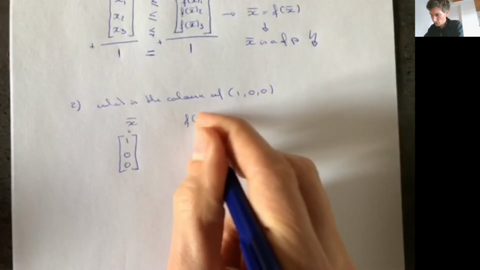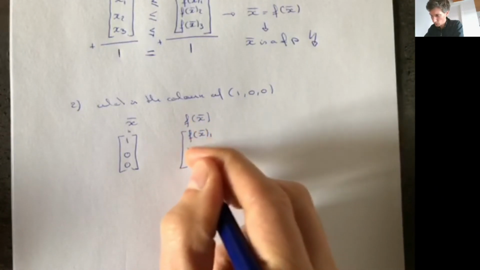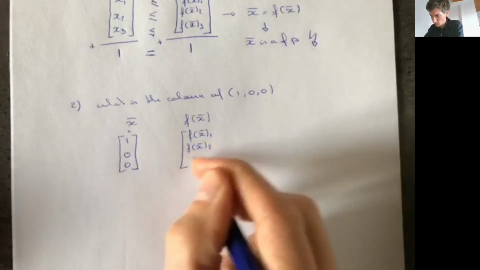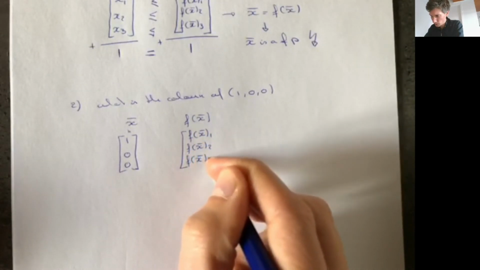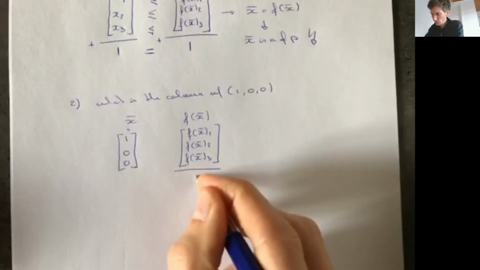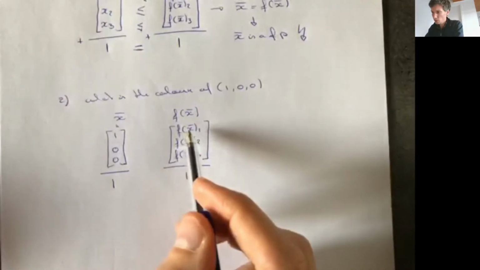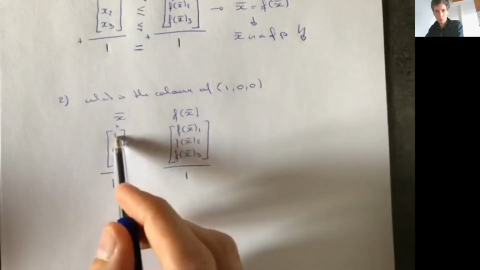Here we have f of x, which consists of fx1, fx2, fx3. And we know that they add up to 1 and these add up to 1. So let me first show that f of x1 cannot be equal to 1.